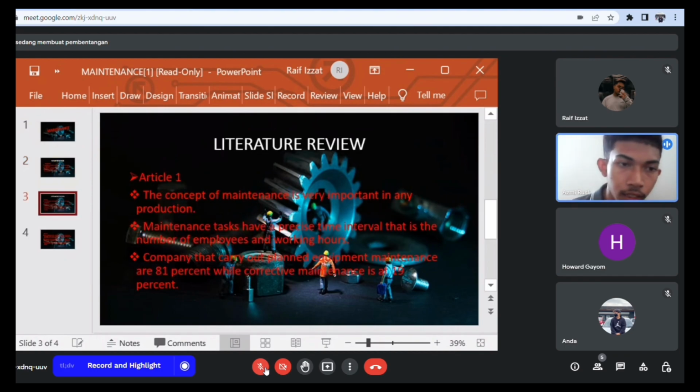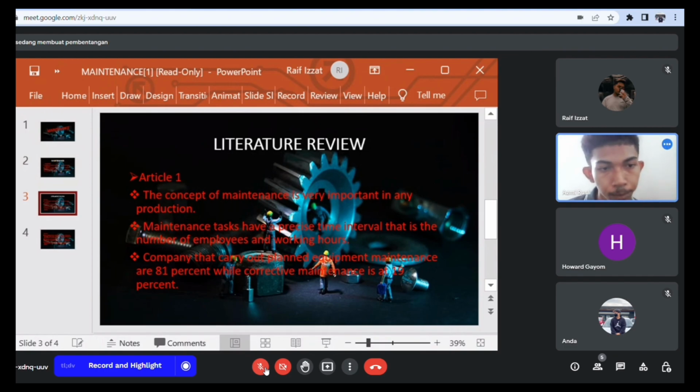Next, literature review. I will explain about the article I have taken, which is the maintenance management of equipment in a manufacturing company. First, the concept of maintenance is very important in any production. Equipment maintenance should be done when the machine starts experiencing a problem.